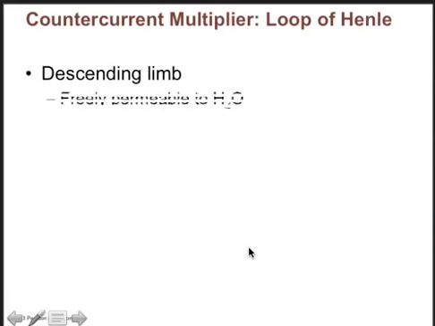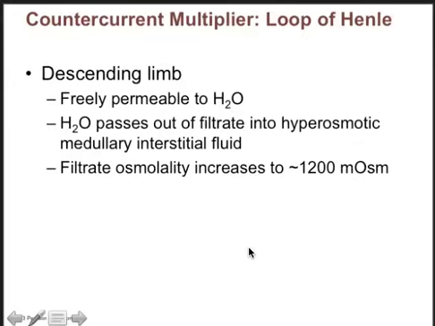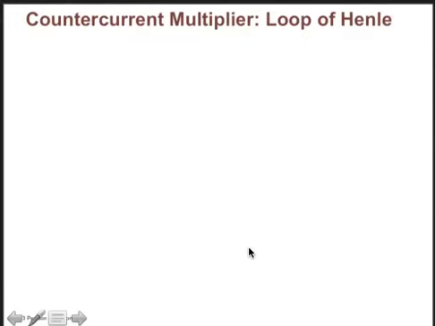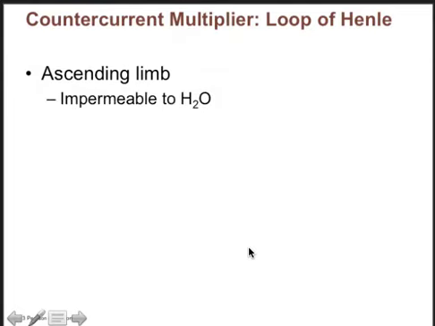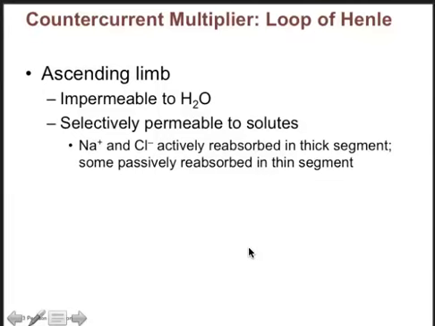So in the descending limb, we have free movement of water. This passes out of the filtrate and into the hyperosmotic medullary interstitial fluid. The osmolarity increases to about 1,200 milliosmoles. In the ascending limb, we're impermeable to water, but permeable to solutes. Sodium and chloride are actively reabsorbed in the thick segment.